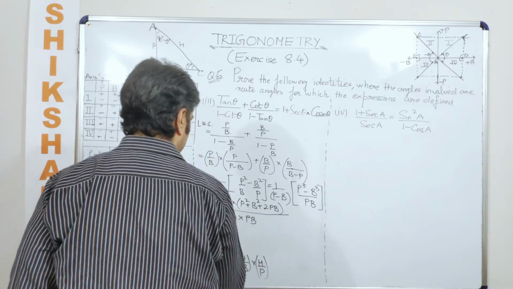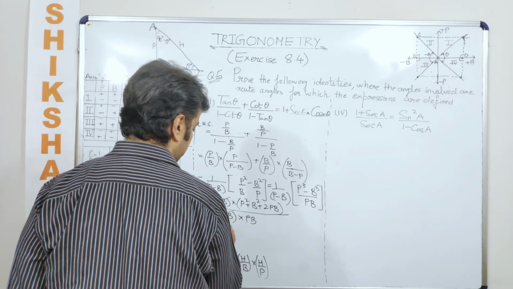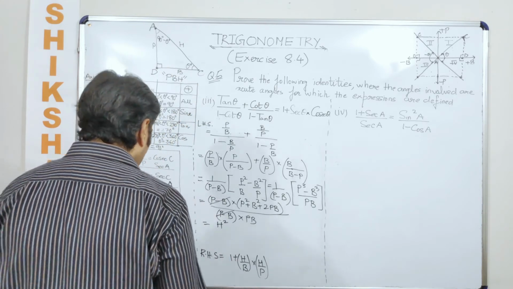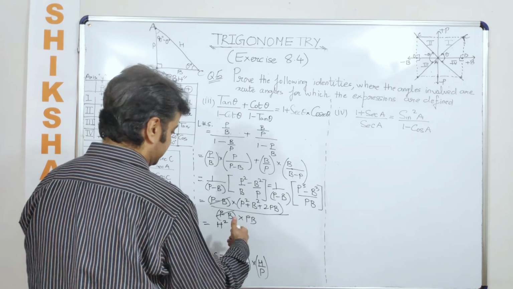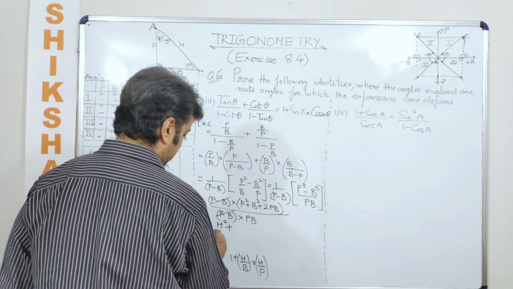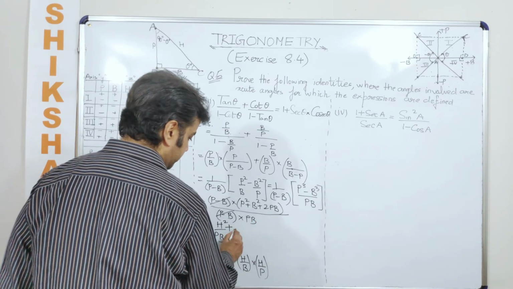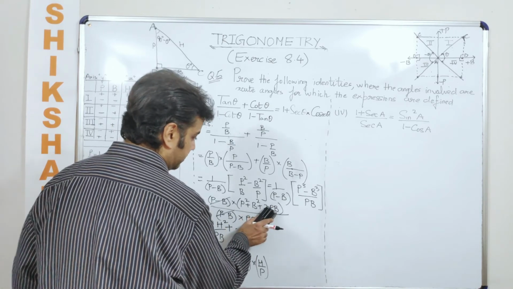Okay, so when I write the left hand side further, can I write it like, this is nothing but p square plus b square becomes h square. This is one way. Or what we can do here is, okay, let's go ahead like this only. So let's say h square plus, now h square divided by pb plus now 2pb divided by pb, which can be written as what? Okay, this expression is written incorrectly.